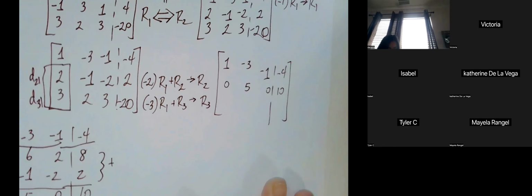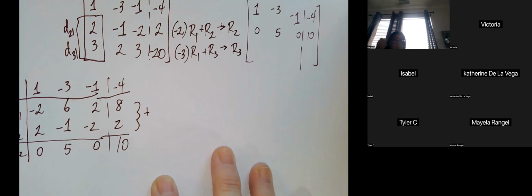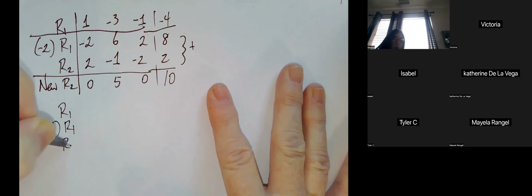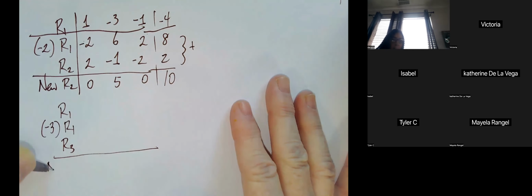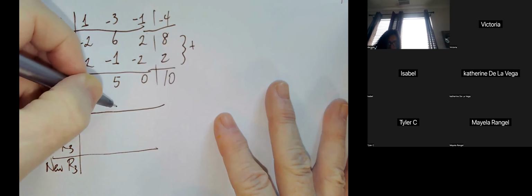And we need to find our new row 3. Let's see, for row 3, we have row 1, -3 times row 1, row 3, and a new row 3. Row 1 started as 1, -3, -1, -4.